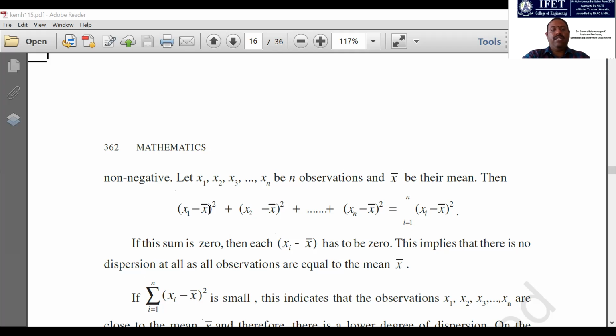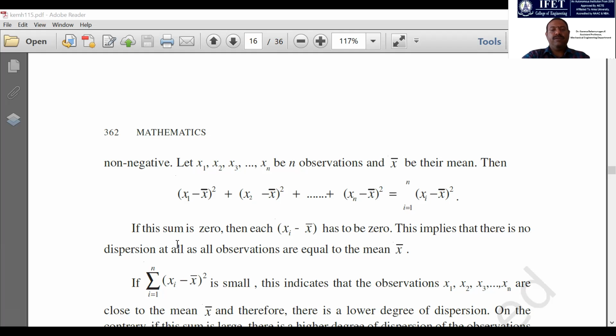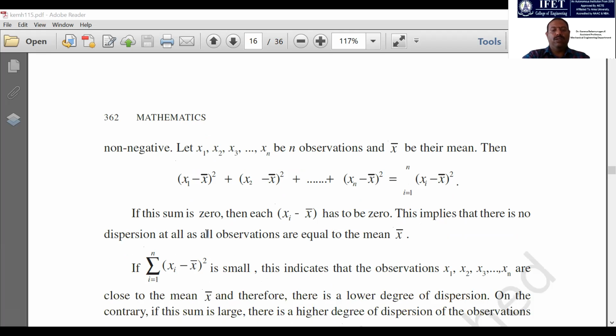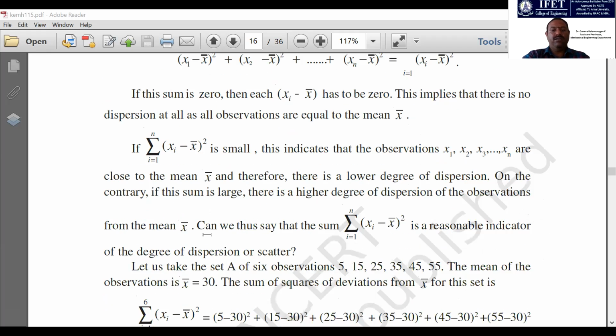Here they are squaring it instead. Without using the modulus, we convert into a positive value by squaring x1 minus x bar. So -7 squared gives 49. Previously, if you do not square, the total sum will be equal to 0.